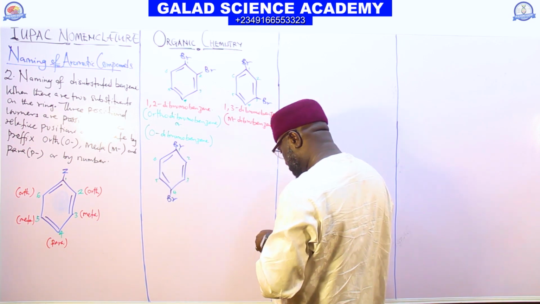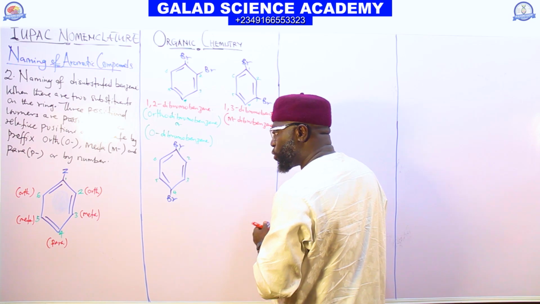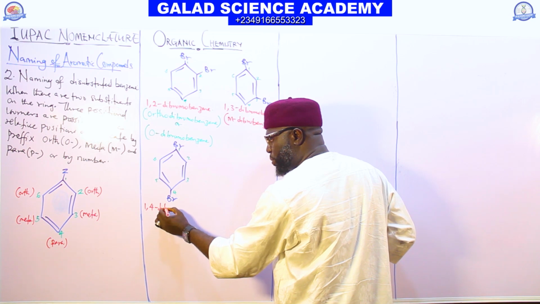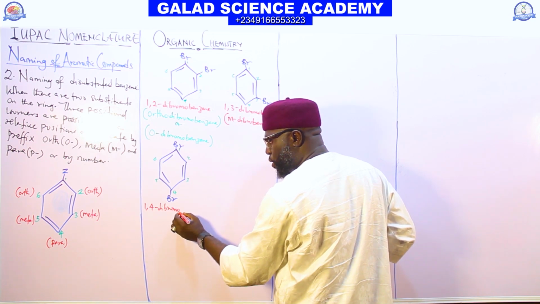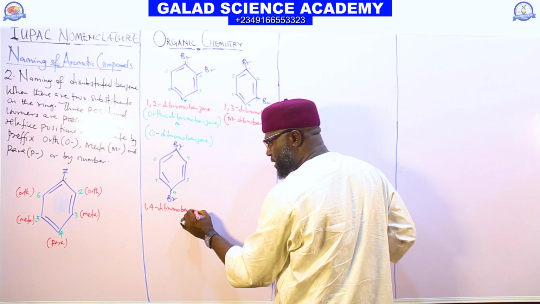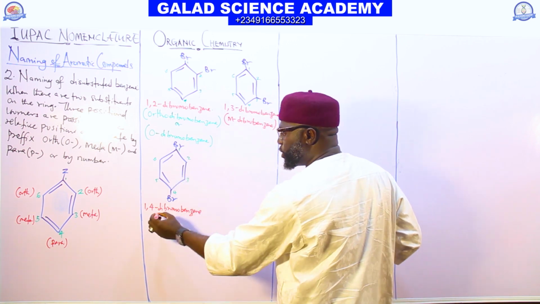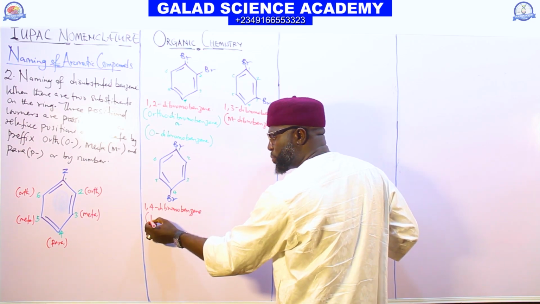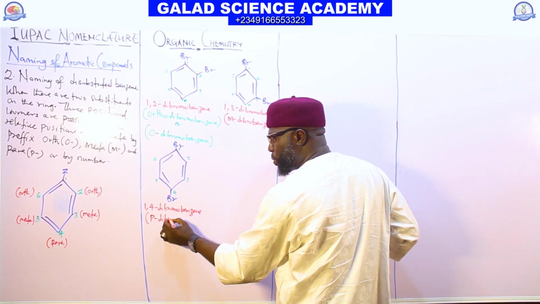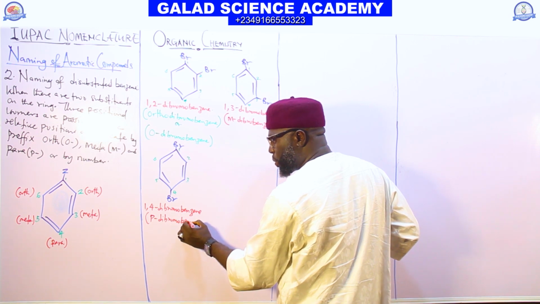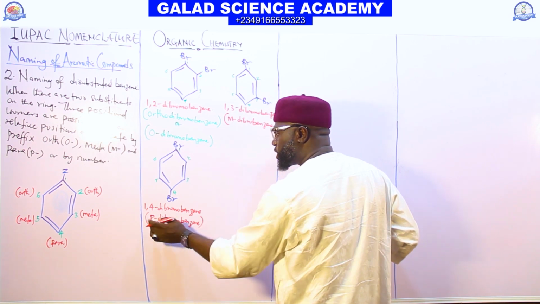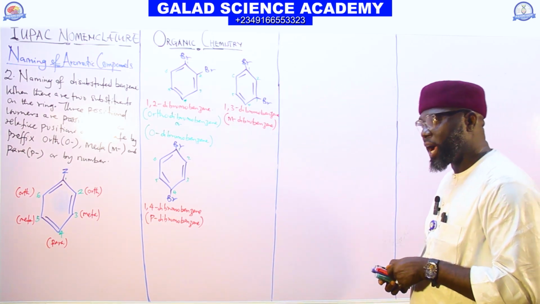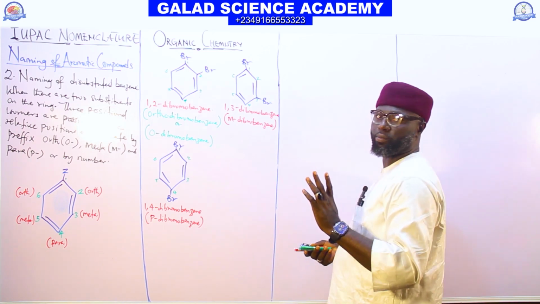So if you want to name the compound normally, we call it 1,4-dibromobenzene. But we call it p-dibromobenzene. What does this P stand for? Para. And we can also have it in another form.